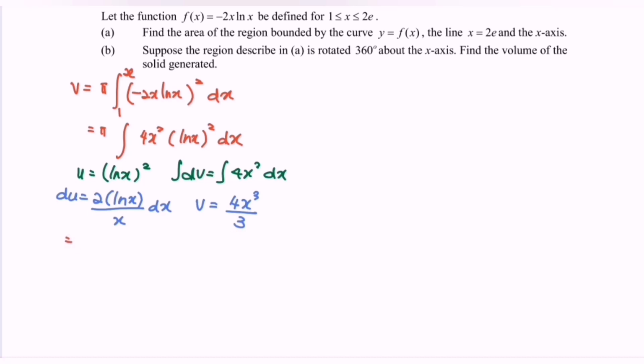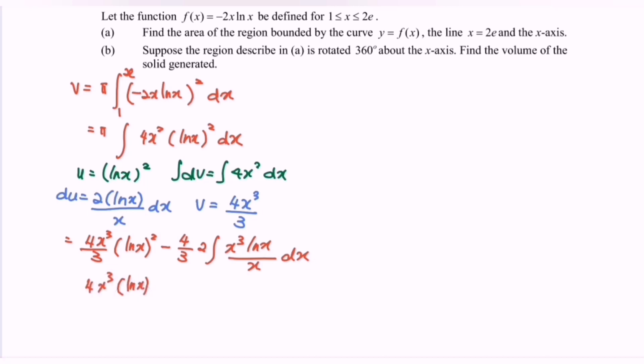So we will have uv, so 4x cubed over 3 bracket ln x square minus 4 over 3 integrate x cubed, which is the v, multiply with 2 ln x over x. Rewrite the situation: 4x cubed bracket ln x bracket square over 3 minus 8 over 3 integrate x square ln x dx. So kindly focus on this part.